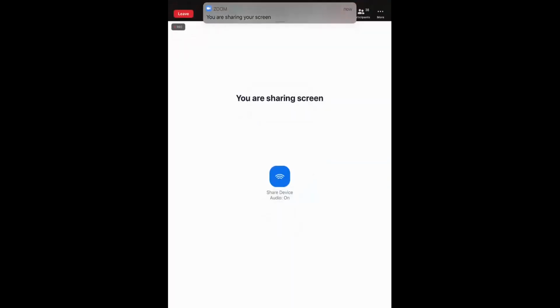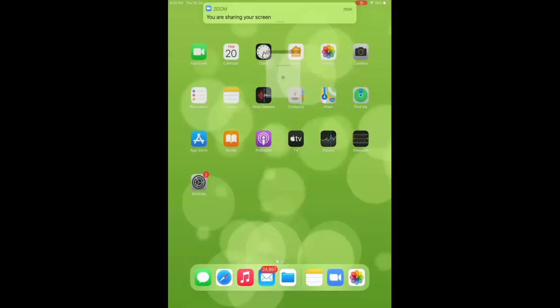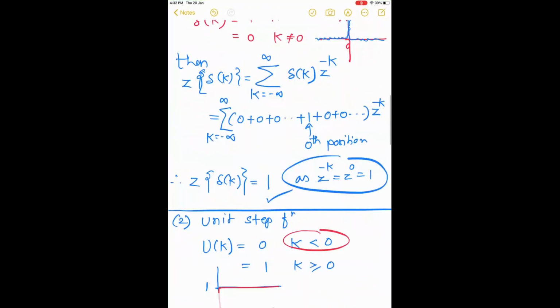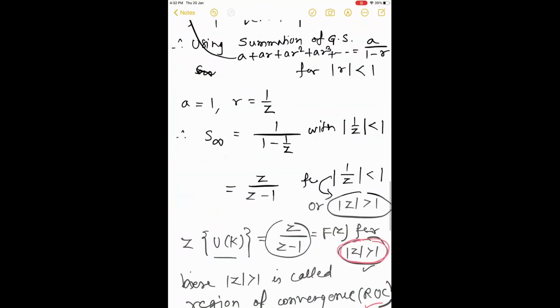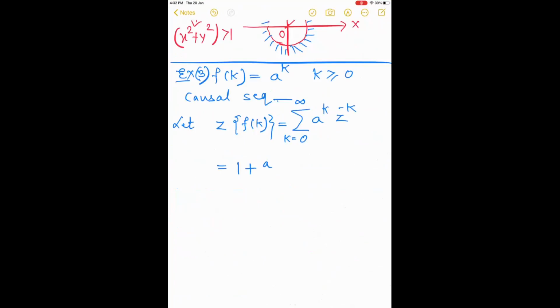So just put k equal to 1, I get a z raised to minus 1.